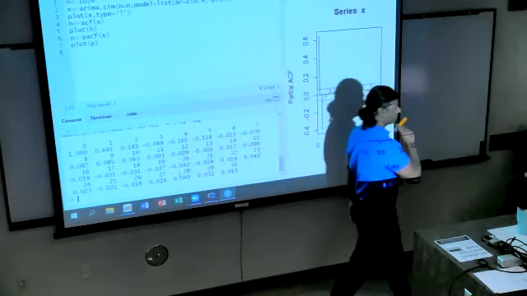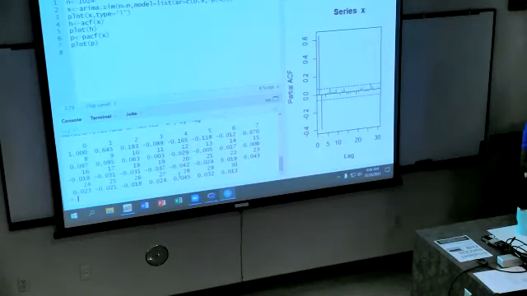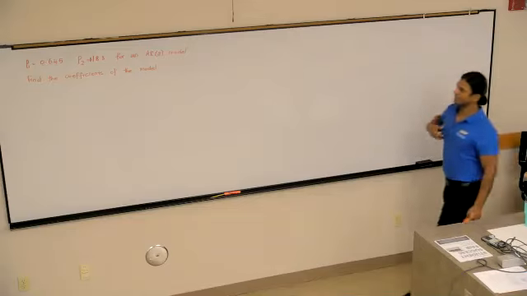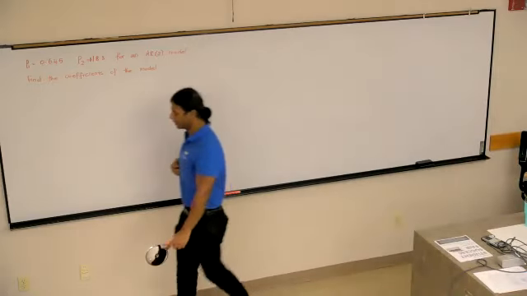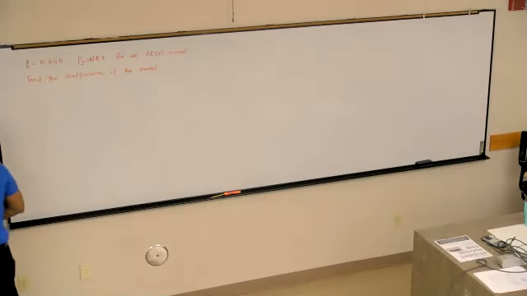So let's take a note of that. 0.645 rho 1, 0.183 rho 2. We simulated the series. We've got rho 1 and rho 2. Rho 1 is 0.645, rho 2 is 0.183.